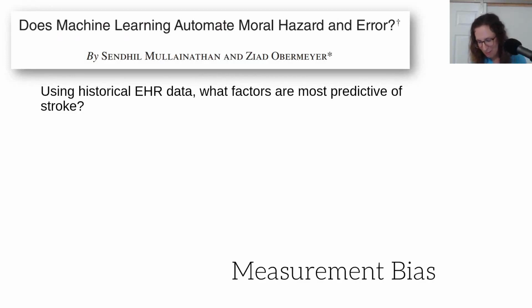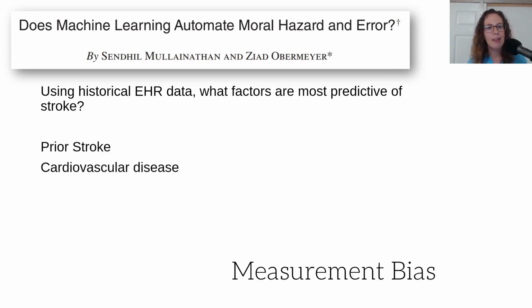I just want to talk about one other type of bias first, measurement bias. This was an interesting paper by Sendhil Mullainathan and Ziad Obermeyer, where they looked at historic electronic health record data to try to determine what factors are most predictive of stroke. They said this could be useful for prioritizing patients at the ER. They found that the number one most predictive factor was prior stroke, which makes sense.